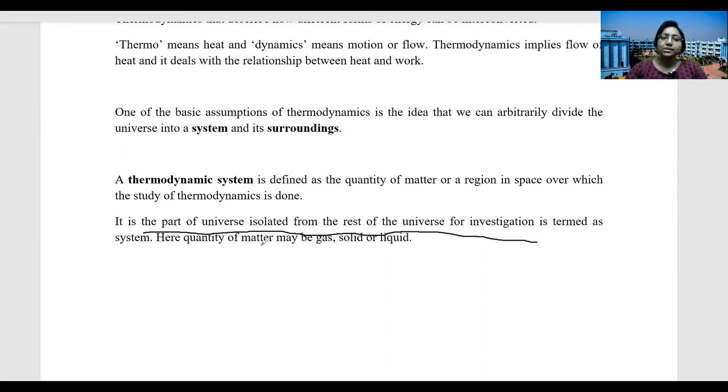So what is the system? It is the part of the universe isolated from the rest of the universe for investigation. When we do the investigation, we consider which is our system and which is the surrounding. In this way we can define our system.